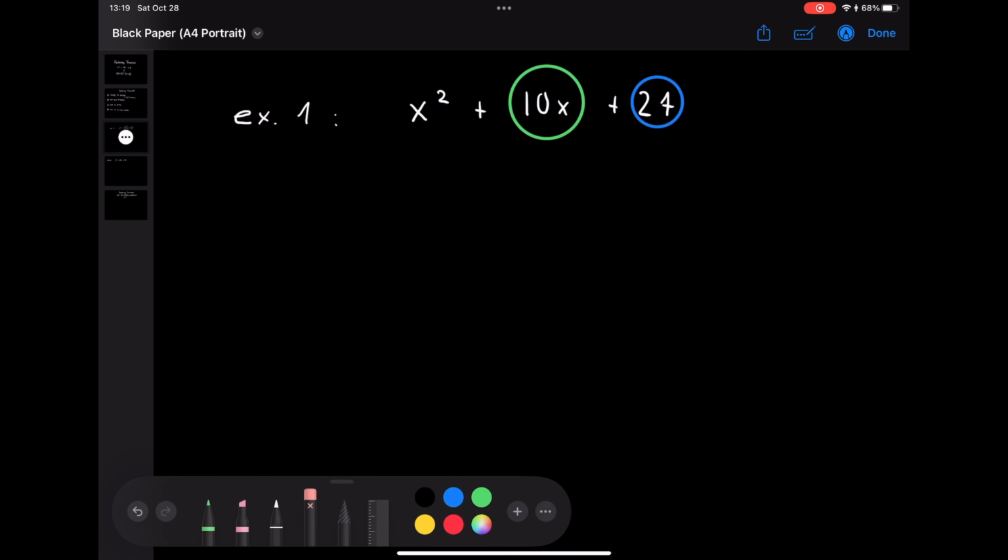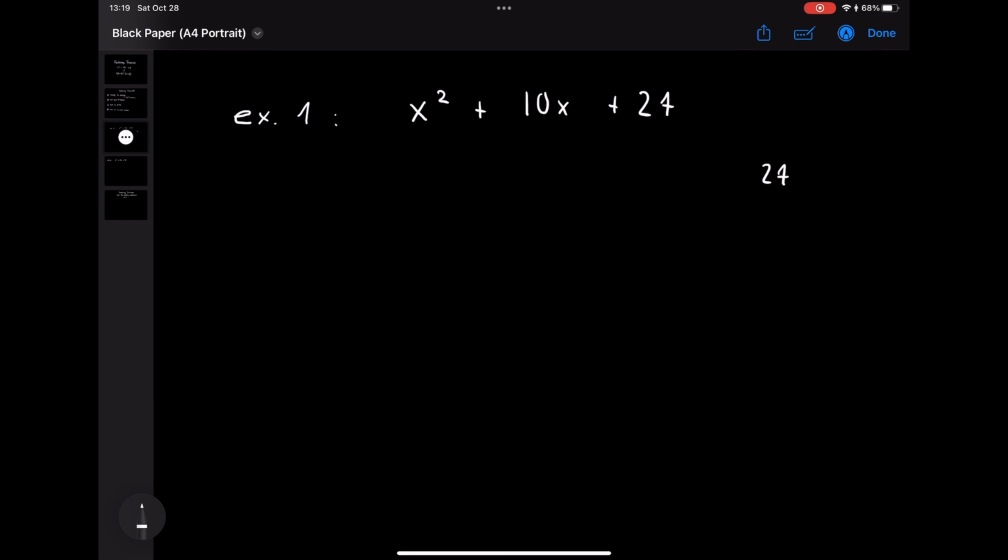So that's exactly what we're going to be doing right now. We've got our c, and now we just write down the numbers which multiply to make 24. So 1 and 24, 2 and 12, 3 and 8, and 4 and 6.